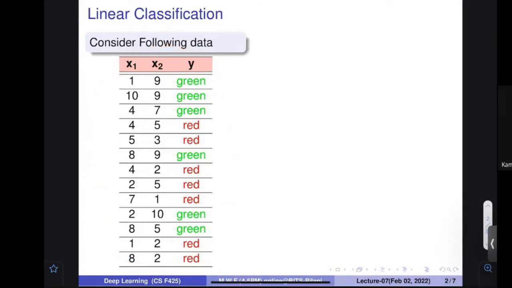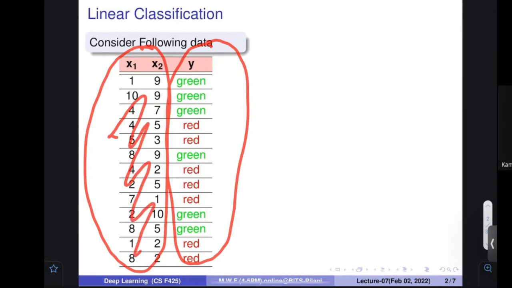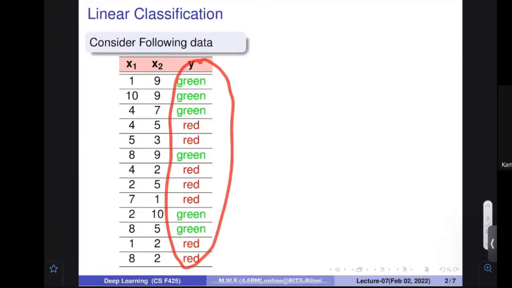If you analyze this data, there is nothing very different from other kinds of data, where we have two parts. One is where we specify attributes, and on the other side we have a target variable. This first part has the attributes, and the second part is something that we want to predict.